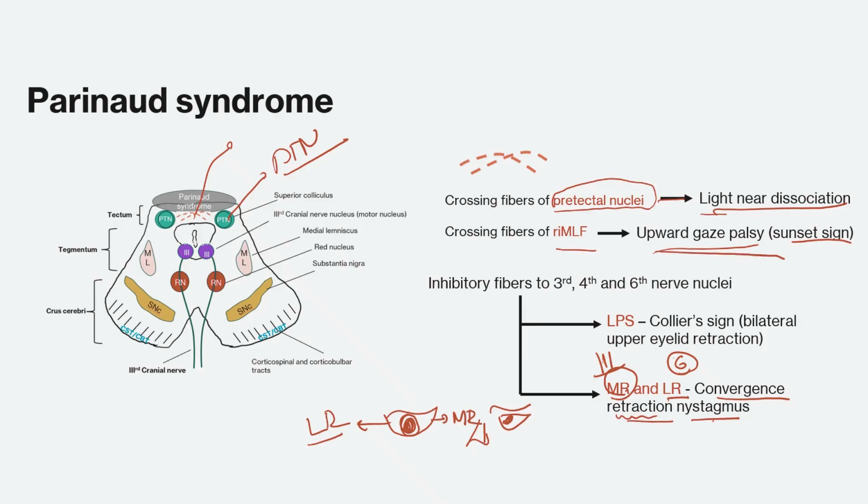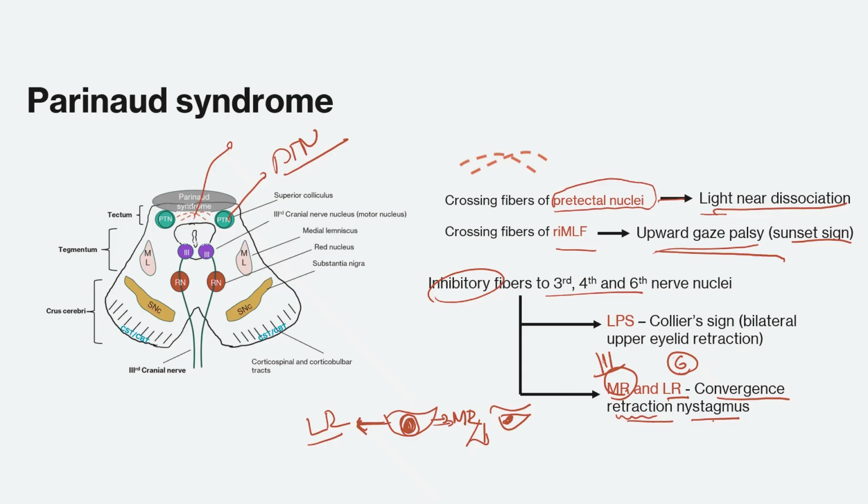The upward gaze will be paralyzed, but when the person tries to look upwards, the other nerves start firing without any inhibition. So the medial rectus as well as the lateral rectus will contract more.